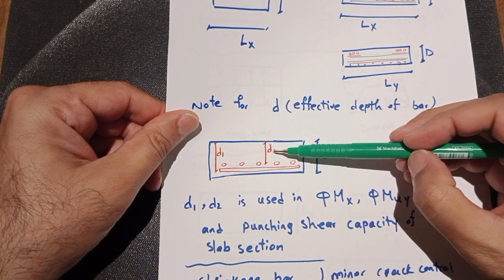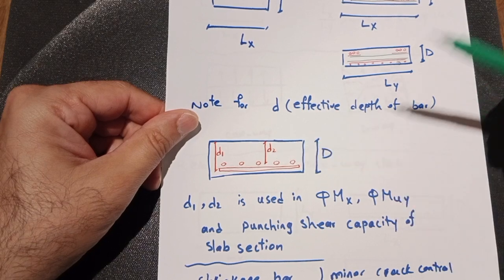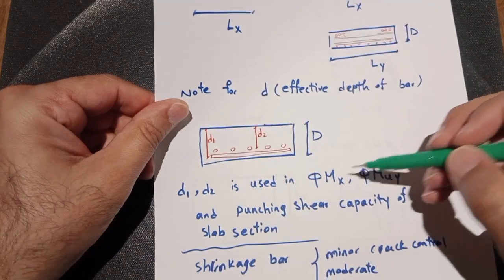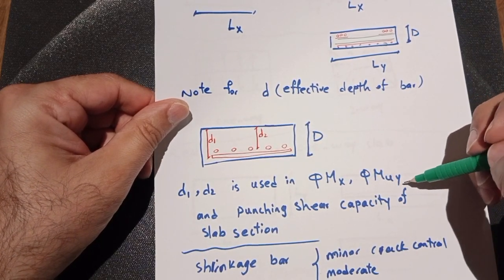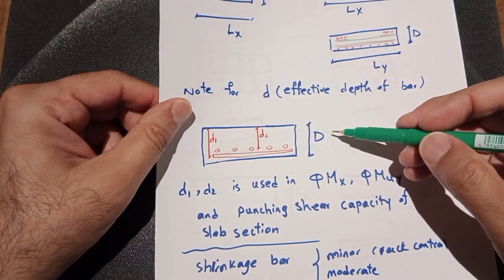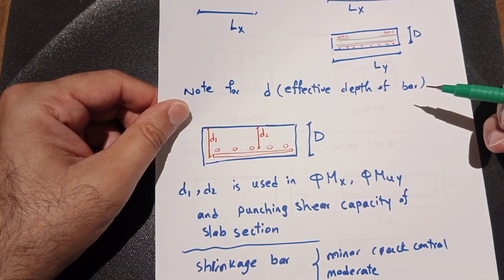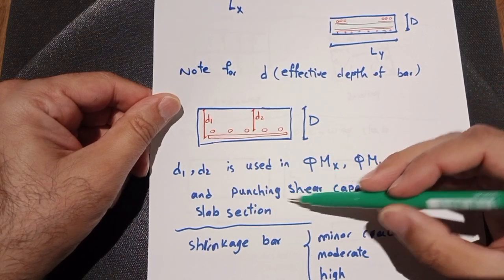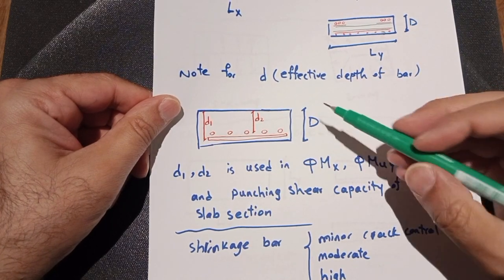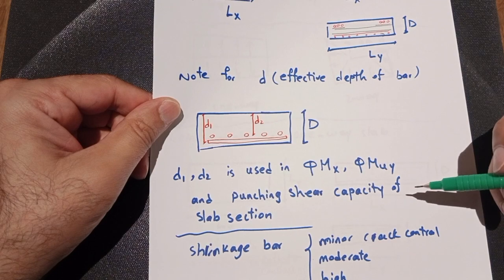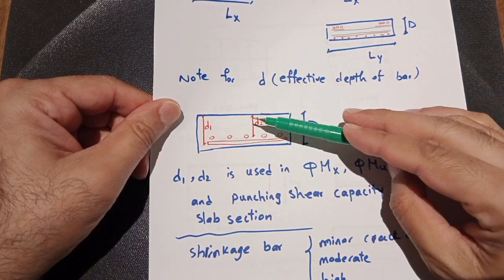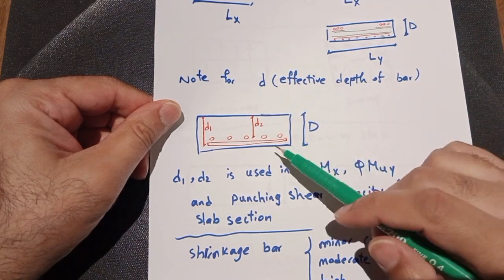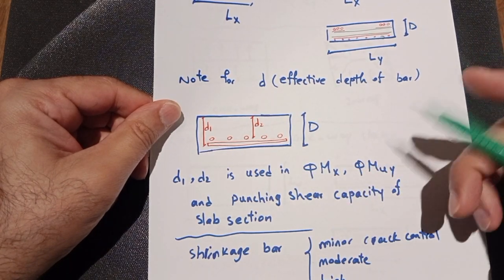The smaller D2 will affect the capacity in that direction, phi Mu, the reduced ultimate bending capacity. It also affects punching shear capacity if you have a punching problem. Just be careful, you have D1 and D2, and for each direction you will have a different moment capacity.